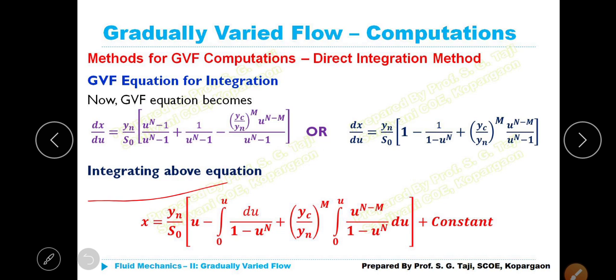Or, integrating the above equation, we get x is equal to (yn upon S0) whole multiplied by [u minus integral 0 to u du by 1 minus u to the power n plus (yc by yn) whole to the power of m integral 0 to u of u to the power of n minus m divided by 1 minus u to the power of n du] plus constant.